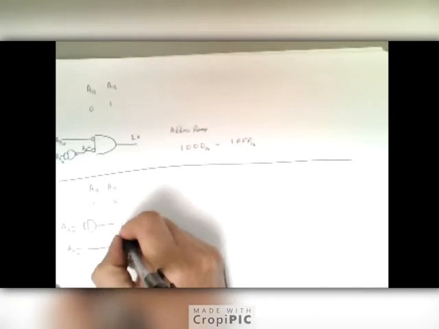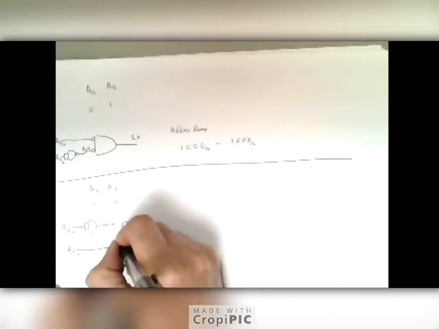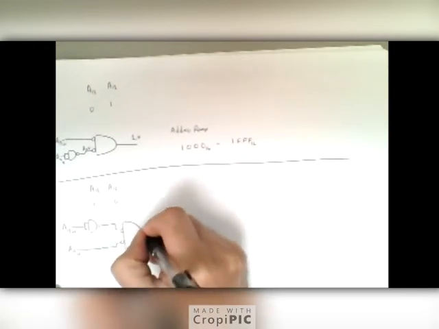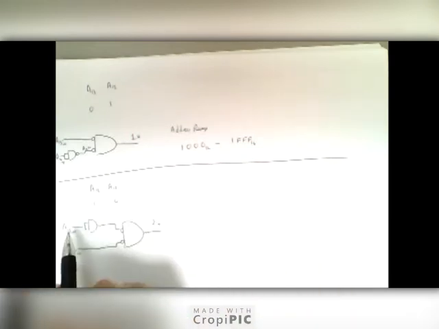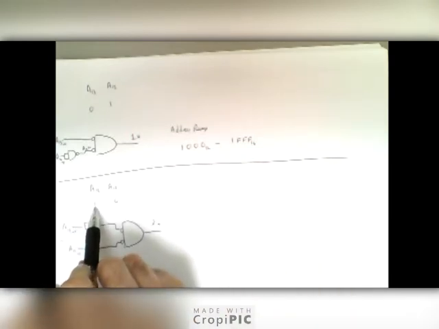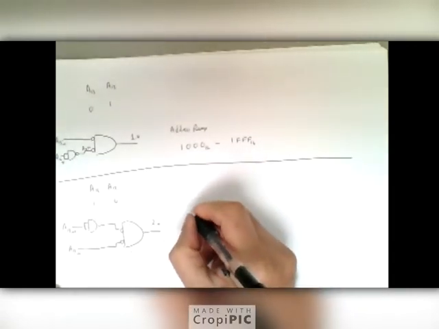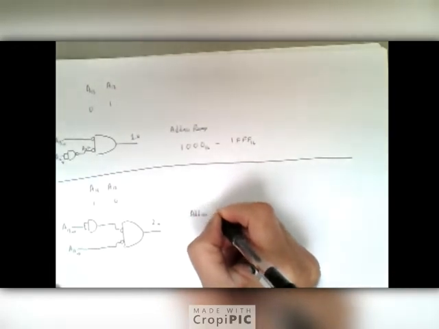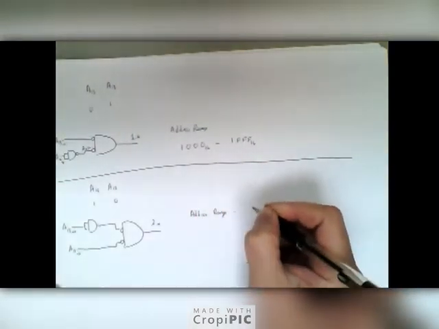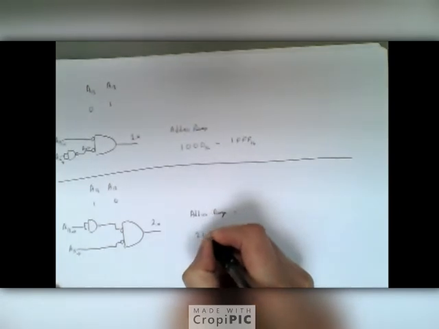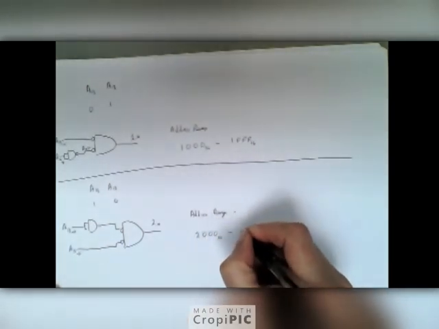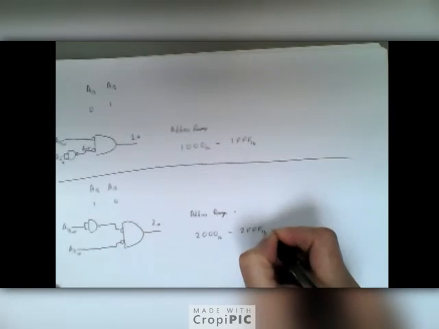So if I draw an AND gate here, in this case where this has the value of a high and this has the value of 0, that will yield then this as a value of a high. And so our address range as defined before is 2000 base 16 up to 2FFF base 16.